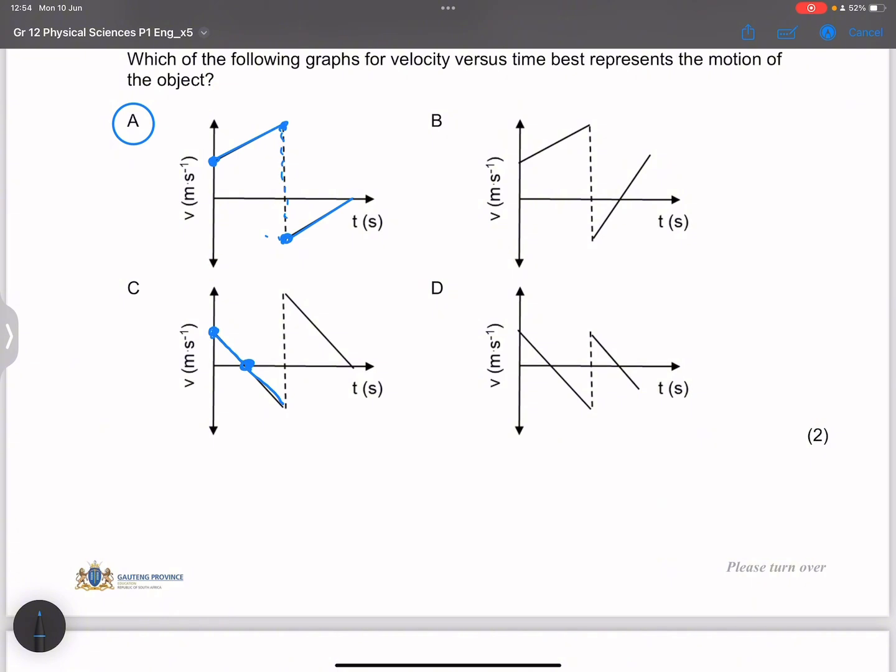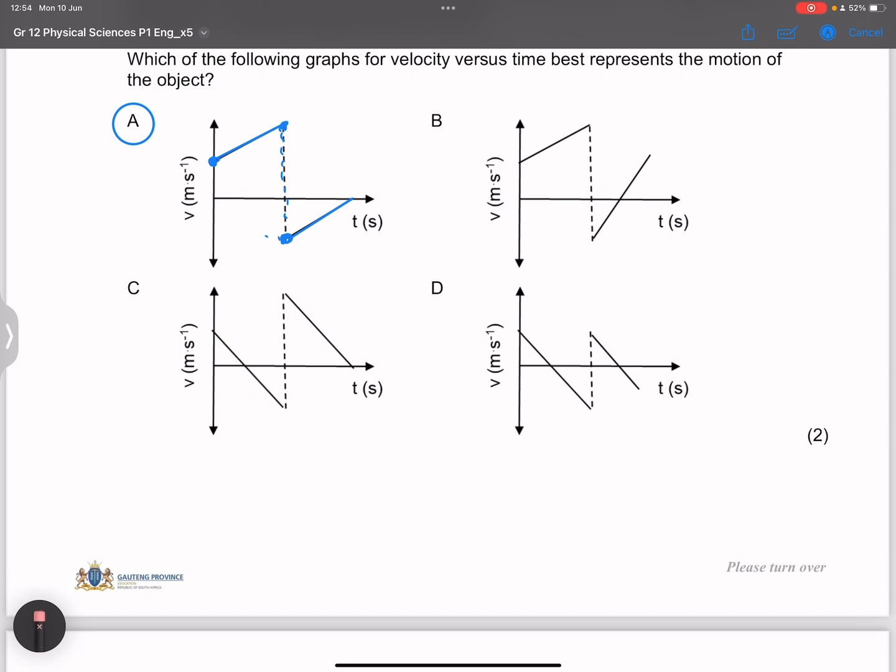So this would have been an object that goes up, stops at maximum height, and then comes back down, and then only changes direction when it gets to the ground, and goes up until maximum height. That's definitely not what we're given. The same thing is true with D. We start at a velocity and it goes up until maximum height. So that is why the only possible answer could be A.